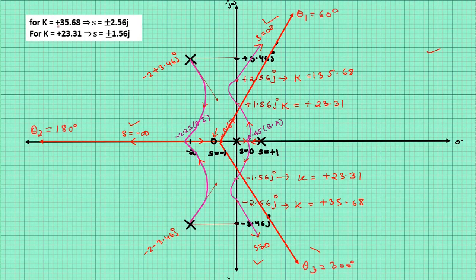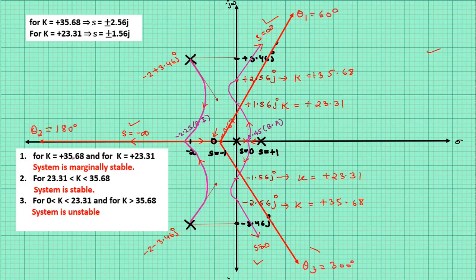So here we got for k equal to plus 35.68, which is a marginal value of k, s equal to plus minus 2.56j, and for k marginal equal to plus 23.31, we got s equal to plus minus 0.56j. So here we have represented the values of k according to the values of s.